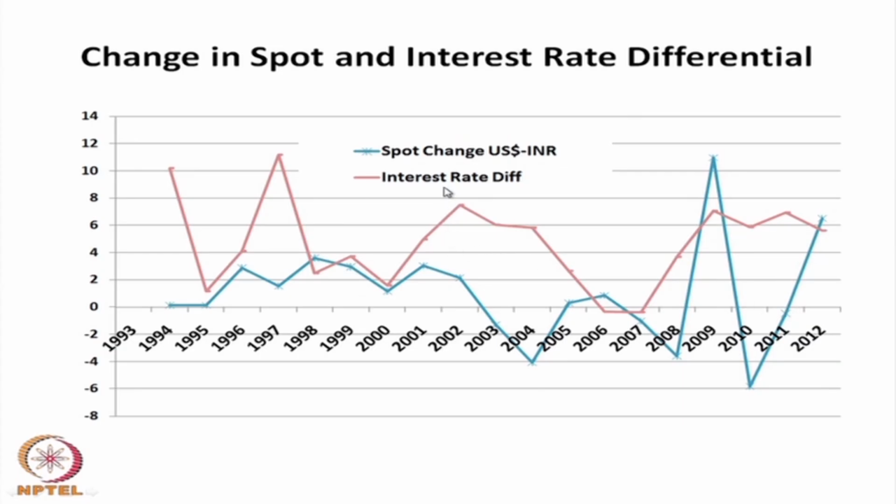When the interest rate differential is increasing, the rupee dollar is fluctuating. When the interest rate differential, the red line, fluctuates, the rupee dollar exchange rate also fluctuates, and they move in almost the same direction. These are some variables I have found, and how they influence the spot exchange rate between the dollar and INR.